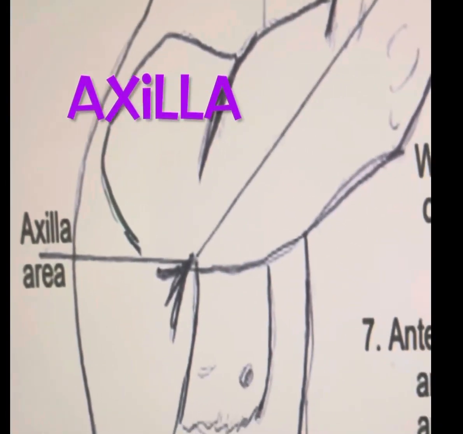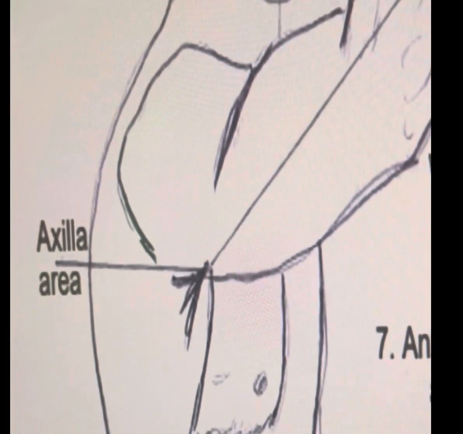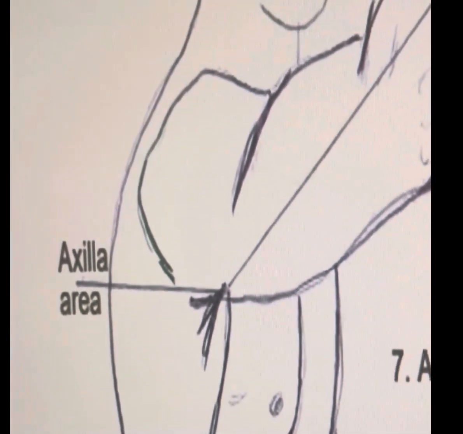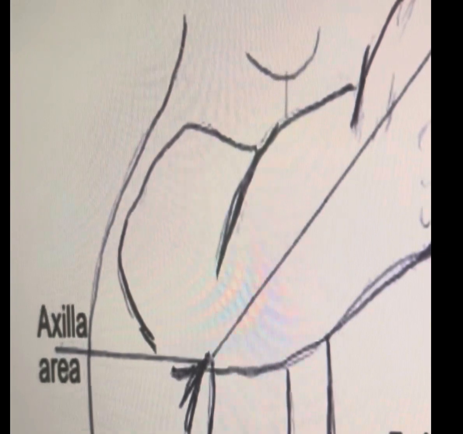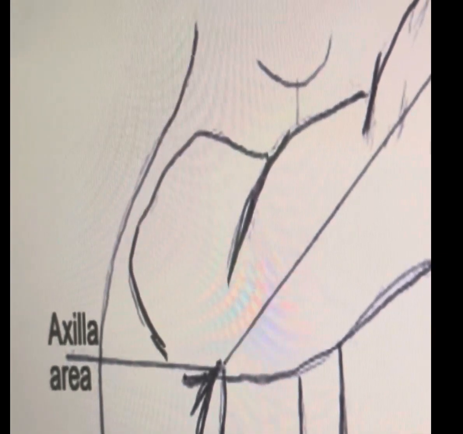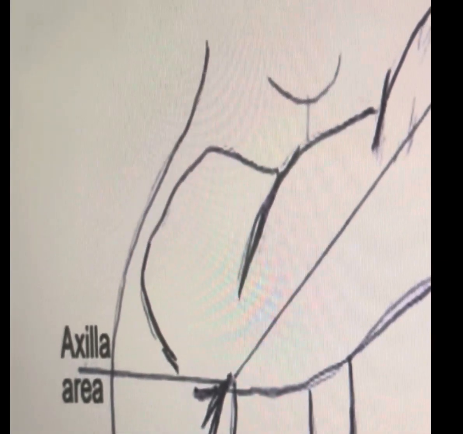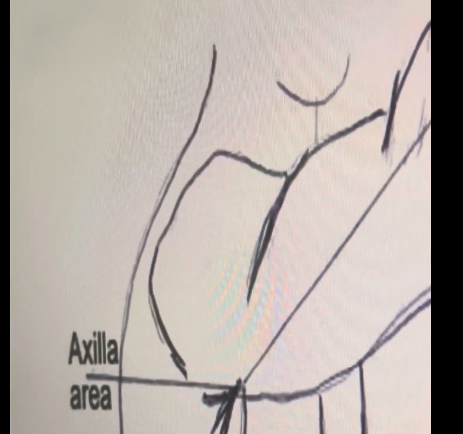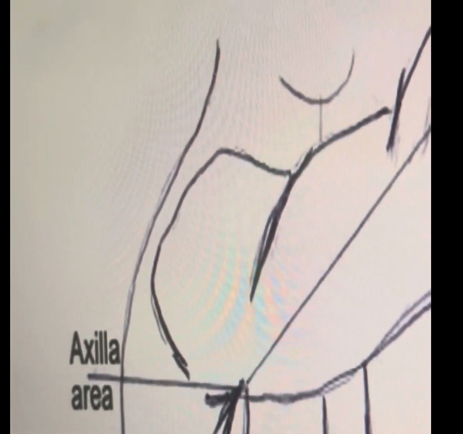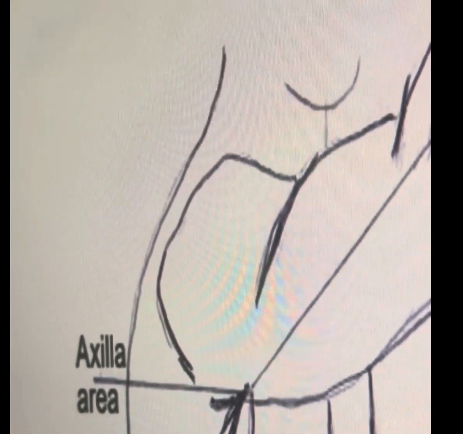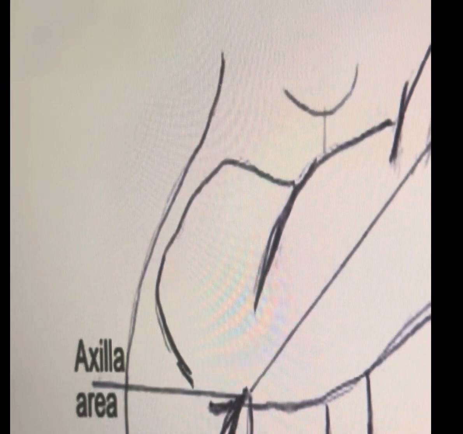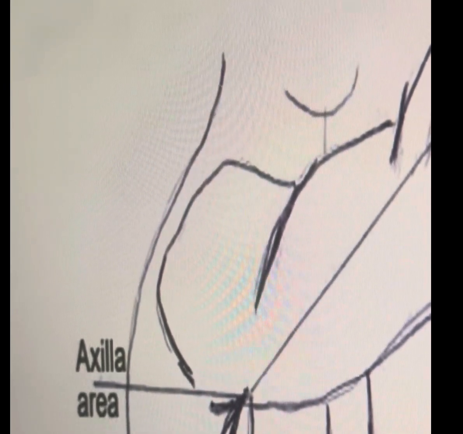The next one is the axilla area, also known as the armpit. It contains the brachial arteries and brachial plexus, axillary veins, nerves, and arteries, cephalic vein, median nerve, musculocutaneous nerve, radial nerves, and ulnar nerves.